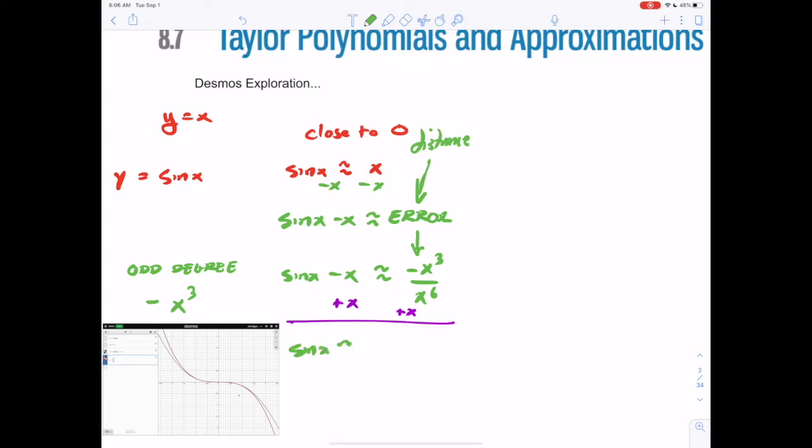Sine x is now approximately positive x minus, why did I write x to the sixth there? Minus x cubed over 6. So here's what we've done, all right? We've now improved how our polynomial lookalike will look with our sine function. So let me go ahead and erase this real quick.